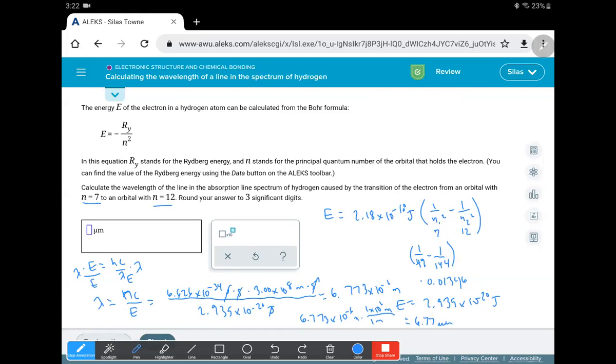That is the wavelength of our transition from 12 to 7.